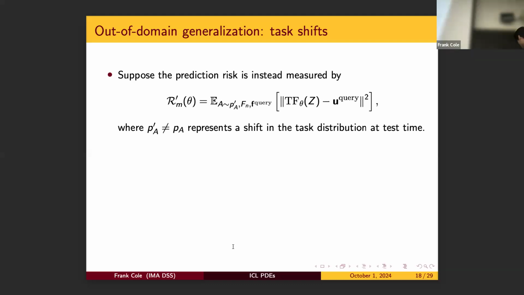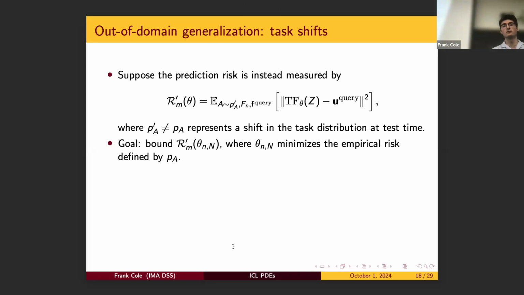An example is if you solve some equations during training, maybe minus Laplacian plus VU equals F, with some distribution on the potential V, and then at inference you solve an equation with a non-constant diffusion coefficient. Changing one or more of the parameters of the PDE from constant to non-constant functions is an example of such a distribution shift.